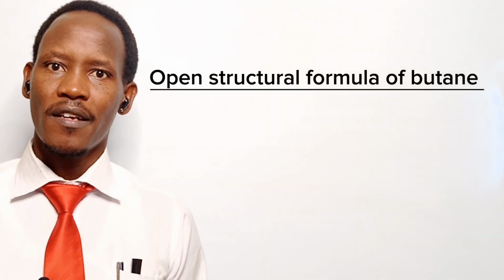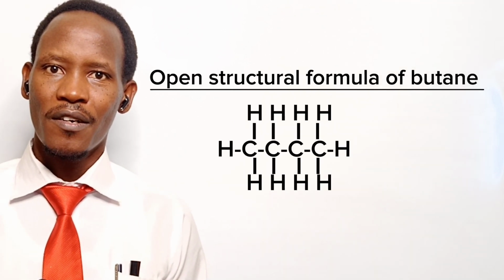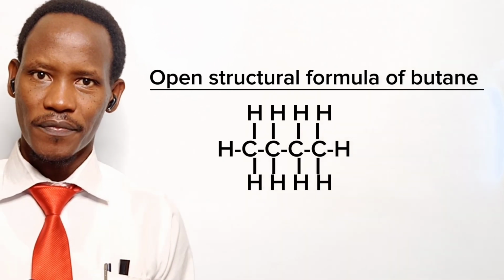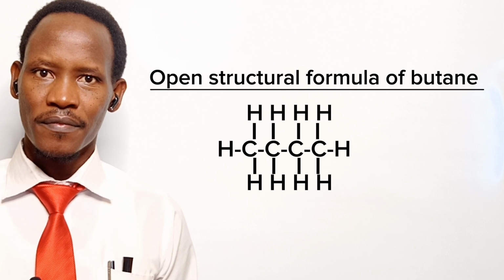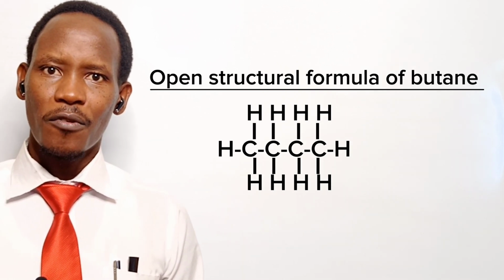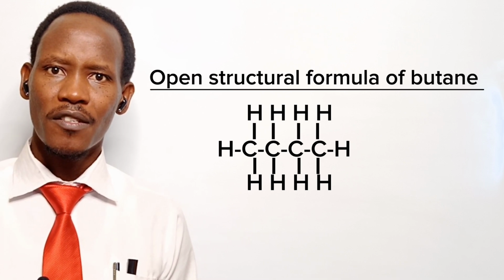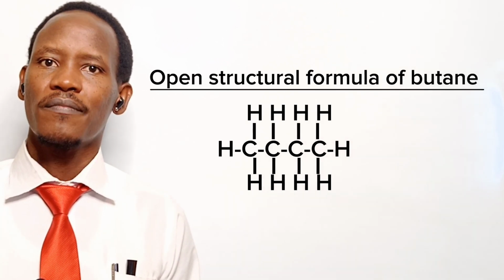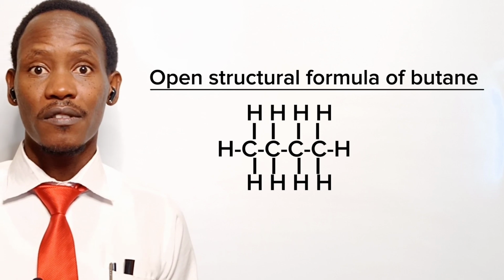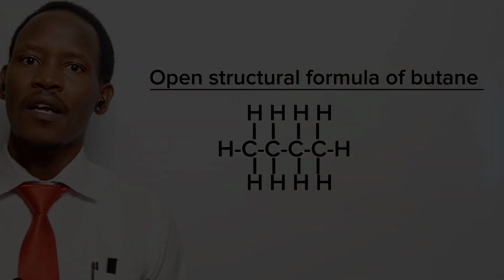As discussed in method number 1 above, displayed beside me is the open structure formula of butane. Now, using an open structure formula helps us to know the serial arrangement of the elements together with the bonds that are holding the elements in the compound.